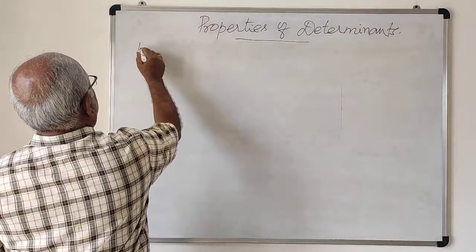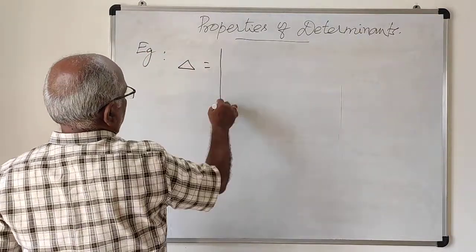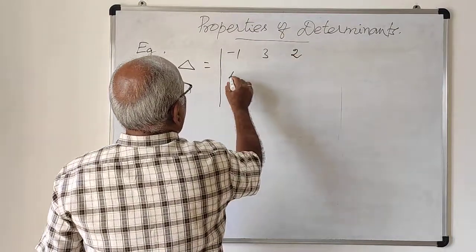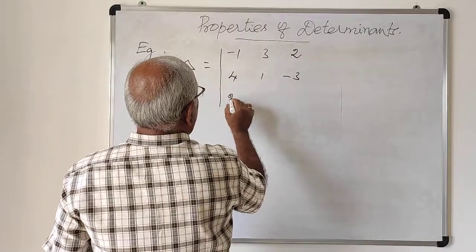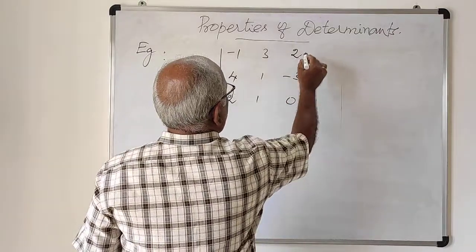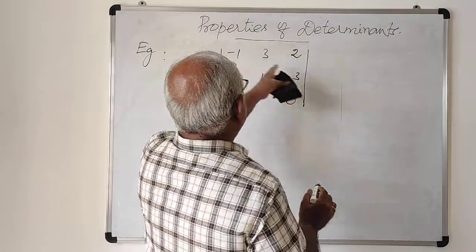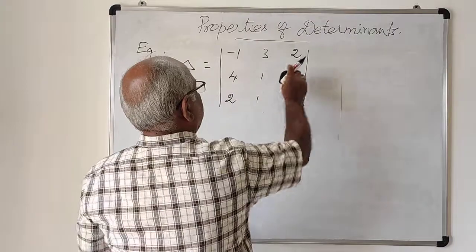Consider, for example, a determinant delta whose rows are minus 1, 3, 2; 4, 1, minus 3; 2, 1, 0. You consider this determinant. In this determinant, two rows you have to consider as equal rows.